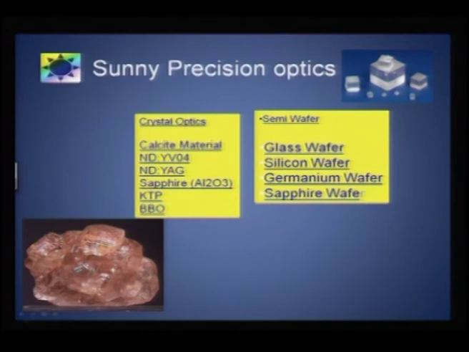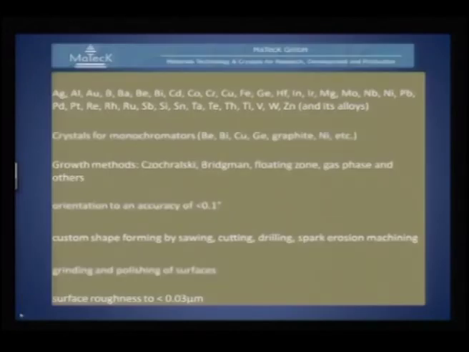I am not particularly inclined to promote this, but these are some of the companies which are found on the websites. For example, I am just quoting this particular company just to highlight what sort of single crystals are being marketed. Almost any element in the periodic table, they seem to be making a single crystal out of it. So it is a big business used for several applications such as monochromators.